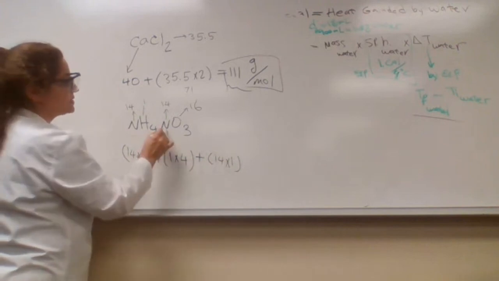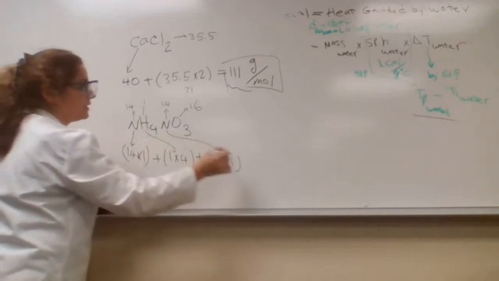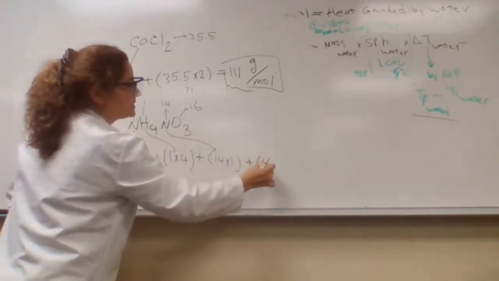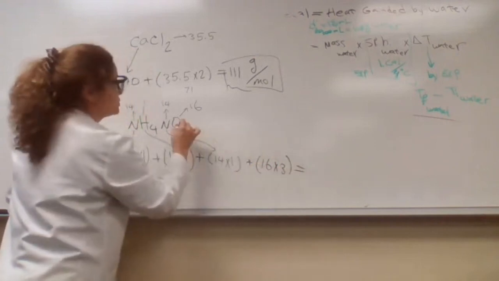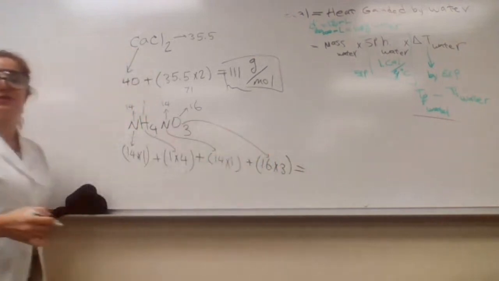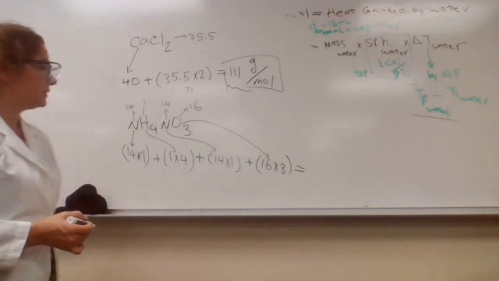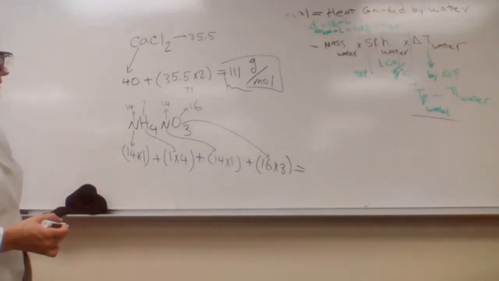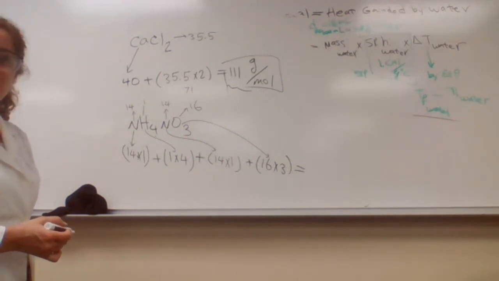That's your nitrogen, plus 16 times 3, that is for oxygen. Oxygen is 16 times 3, and it's going to be 32 and 48, 90 grams.